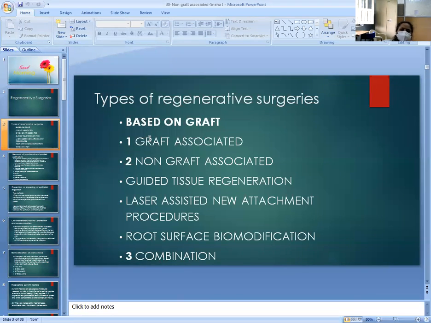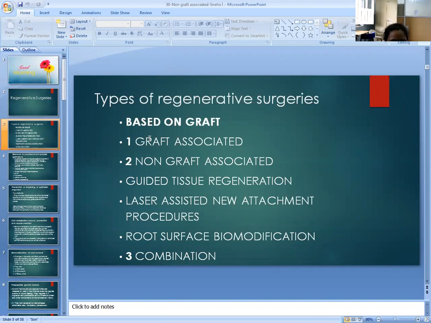Types of regenerative procedures are basically of two types: either graft associated, meaning bone graft or any other material, or non-graft associated. Today we are going to discuss non-bone-graft associated techniques, and the third part is the combination type of technique.